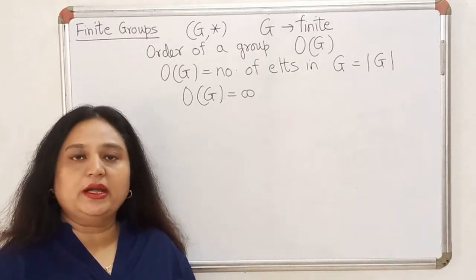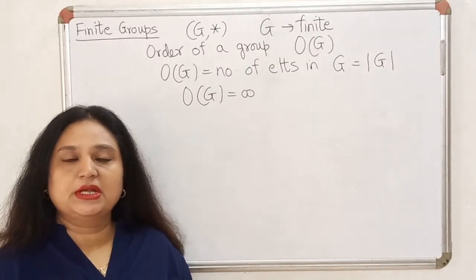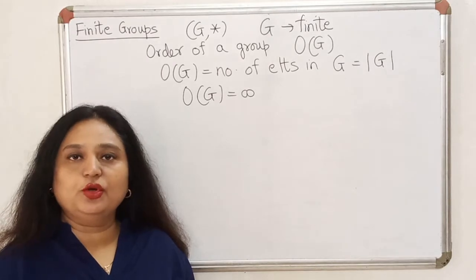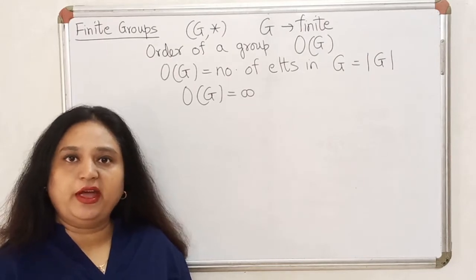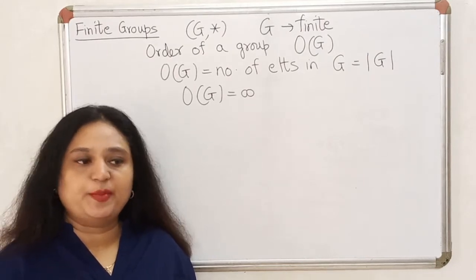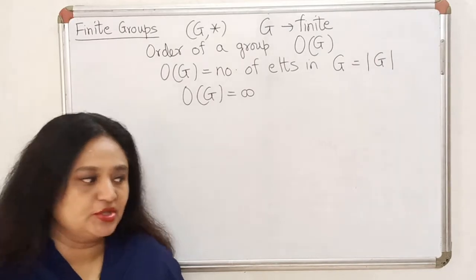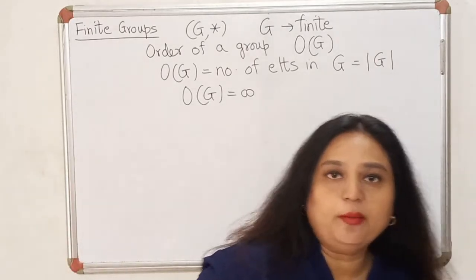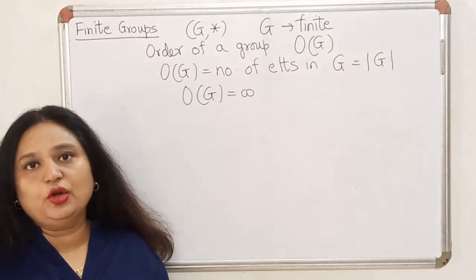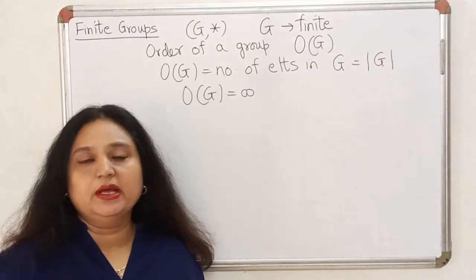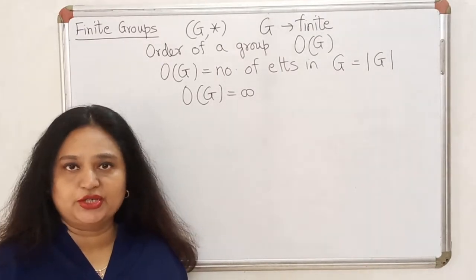Now, if you are dealing with finite groups and you happen to know the precise number of elements in the group, then in order to verify all properties, it's best to look at a composition table. Remember, earlier I told you how to check whether something is a binary operation.